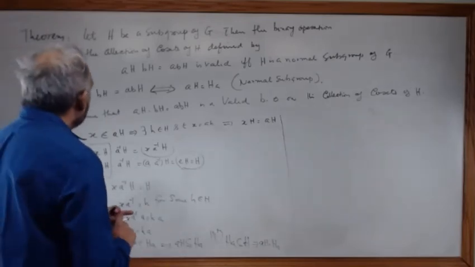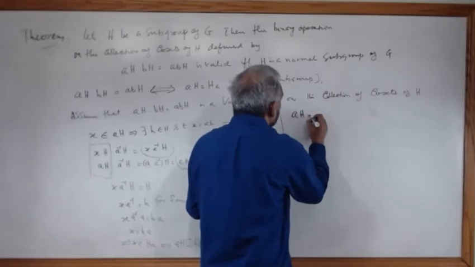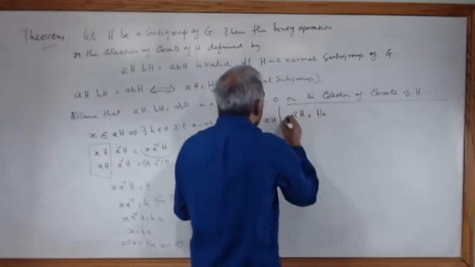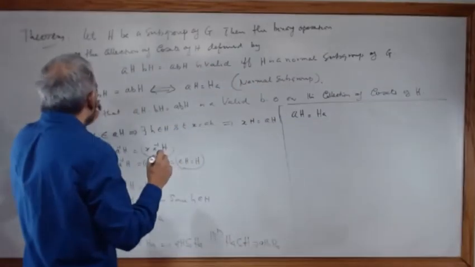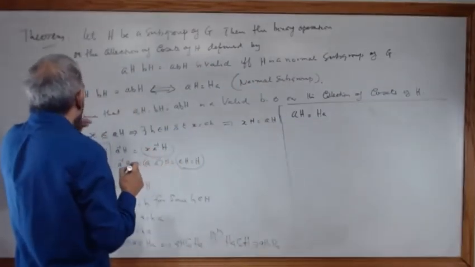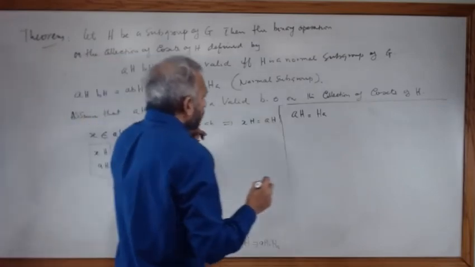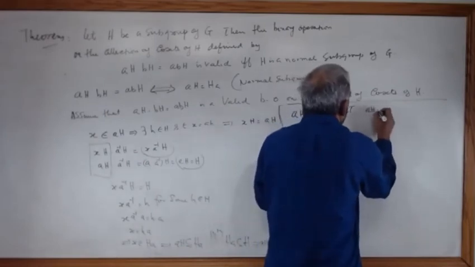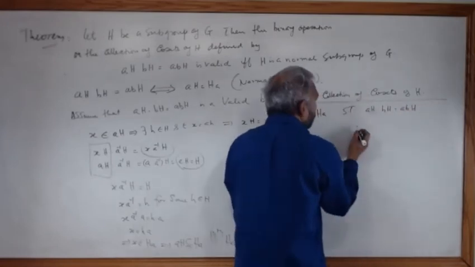Now let us assume that AH is equal to HA. We want to prove that this is a valid binary operation. We want to show that AH times BH is equal to ABH. So how do you do that?